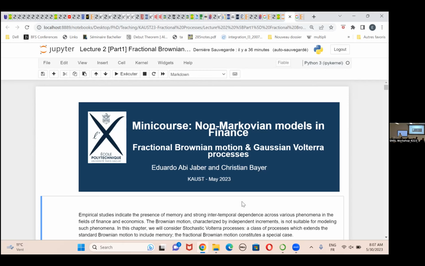But I'll try as much as possible to give you the intuitions behind some of the theoretical properties of these processes, and also we'll look at how to numerically implement and use them in practice. And this is usually a very important step. I think the students here are already familiar with the importance of the numerical implementation step, because this is usually where, in theory, we have some convergence theorem, but when you move to practice, usually you need to be smarter to implement things and make them work.